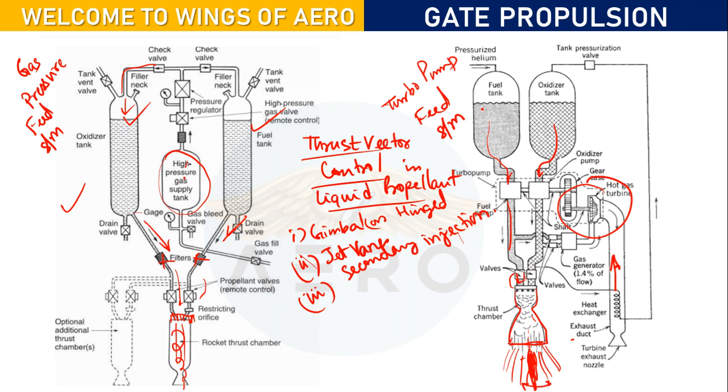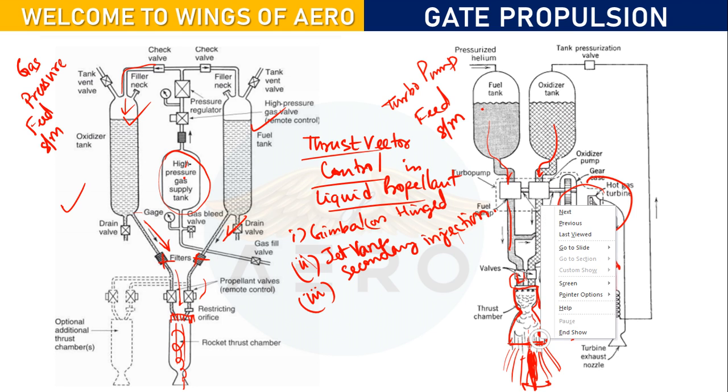Like we have the main thrust chamber, right? This is the main thrust chamber. Here there will be some kind of additional channel from where the additional fluid will be coming in.